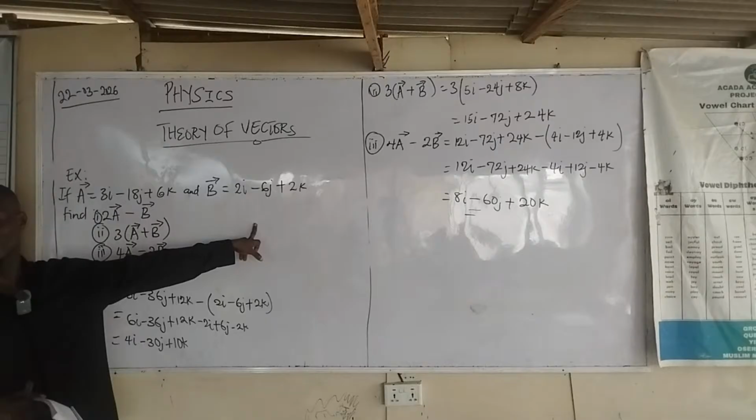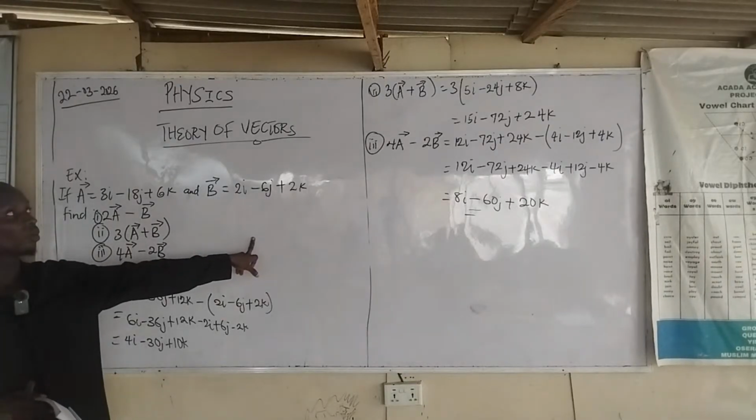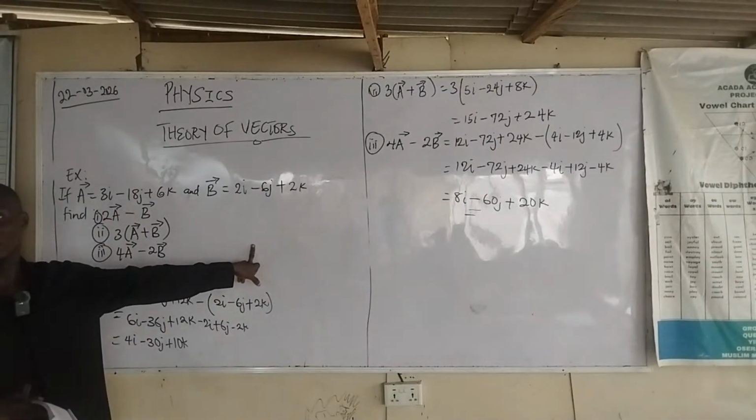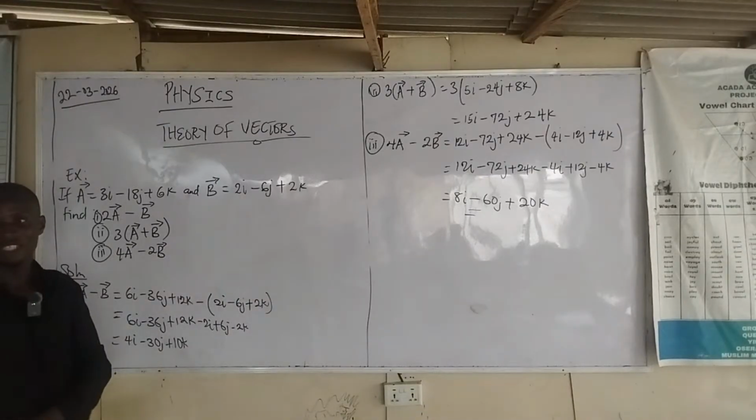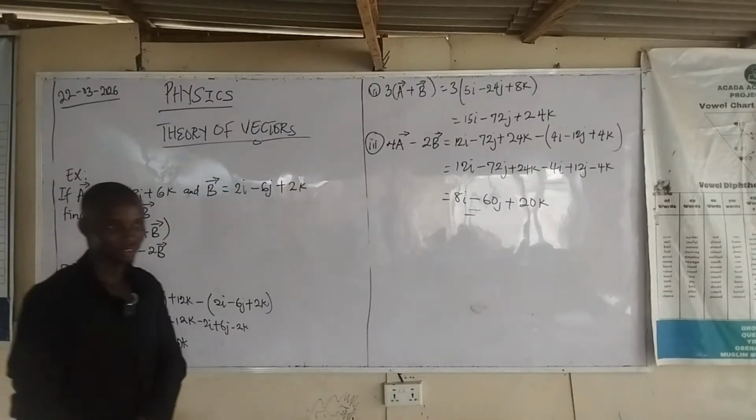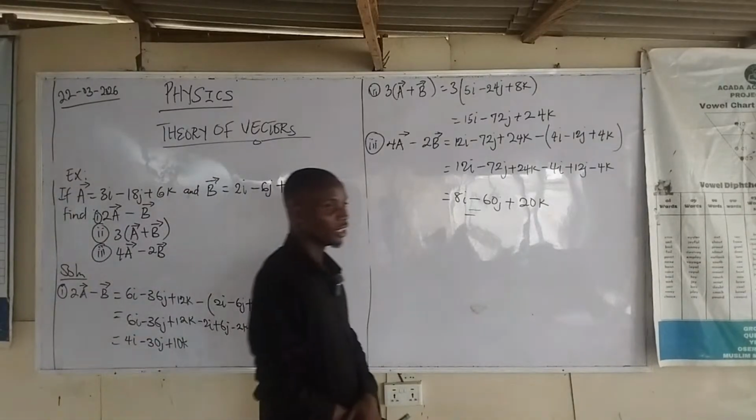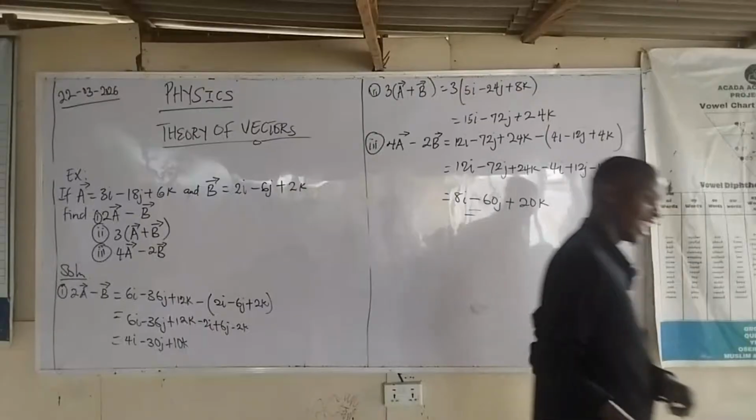Do you get that now? So once you multiply by 3, you have 72k.